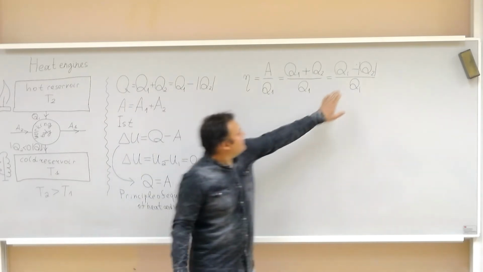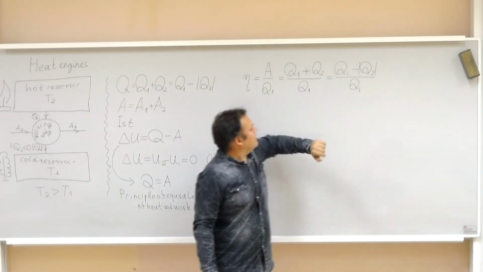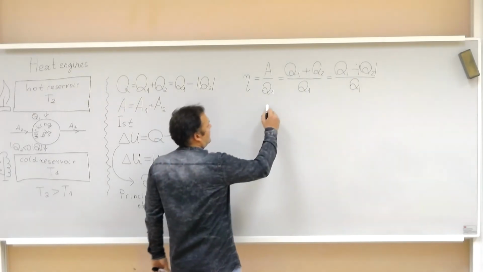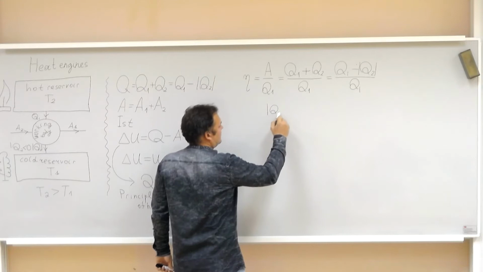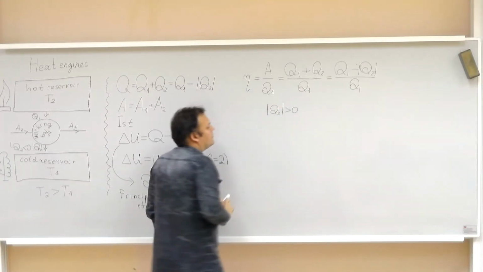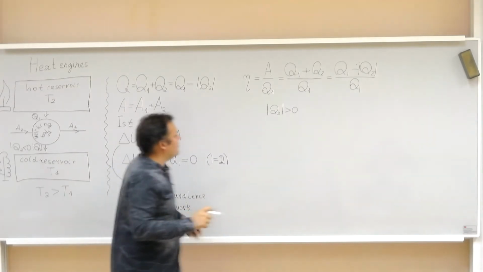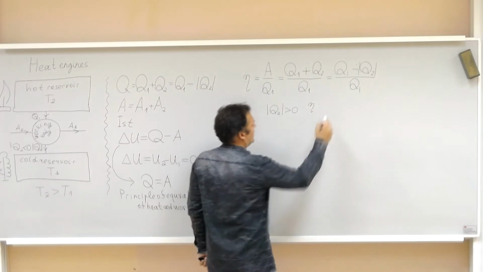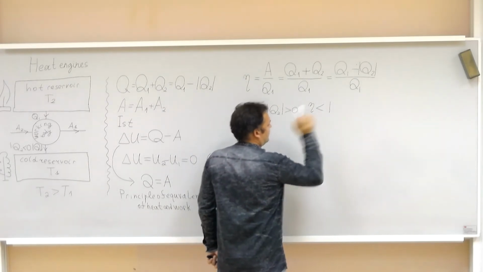And we see the following. If Q sub 2 is greater than 0, the absolute value of Q sub 2 is greater than 0, then eta is less than 1.